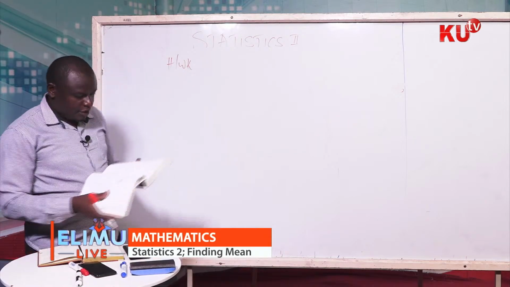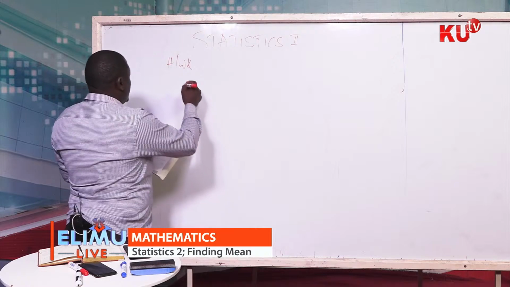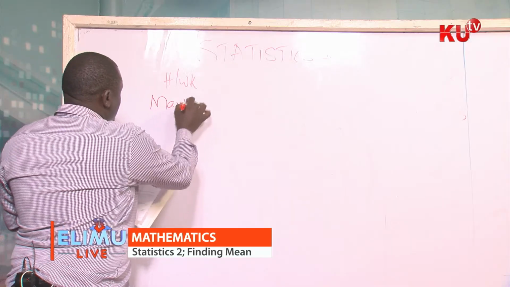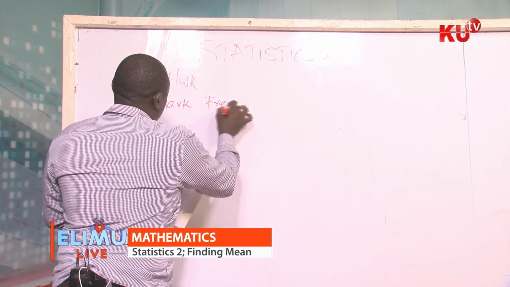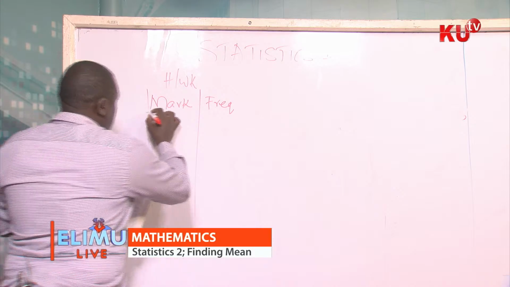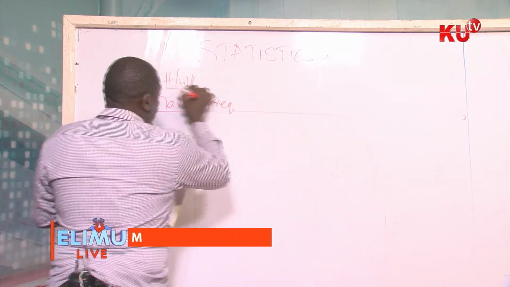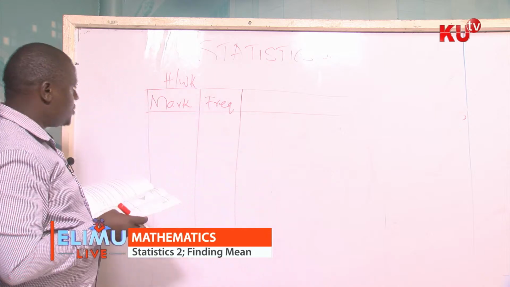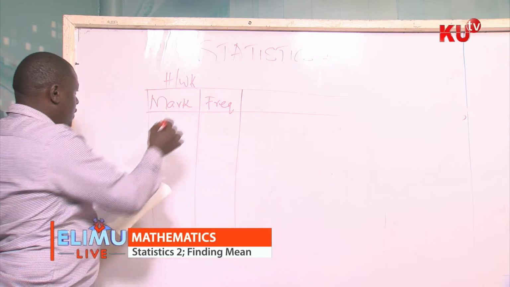Here we go. I always prefer writing the table in this form to save on time, because if you write it in landscape, you'll still be forced to rewrite it in portrait form. Here we have the marks.